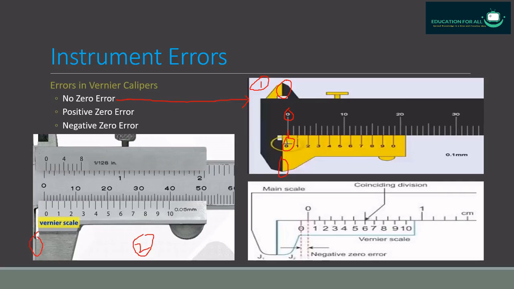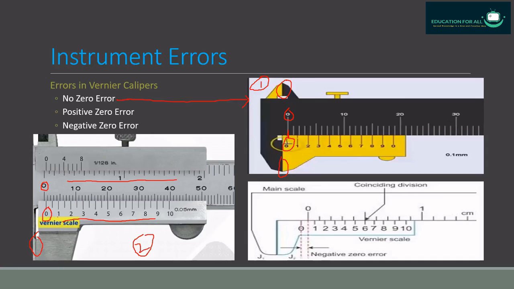And if by joining the jaws, as you know in this picture, the 2 jaws are totally joined with each other, but here the 0 of the vernier scale is not coinciding with the 0 of the main scale. This is a main scale and this one is a vernier scale. The zero of the vernier scale is not coinciding with the zero of the main scale. Here there is an error in the instrument.